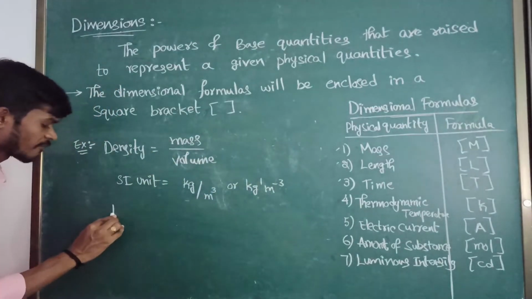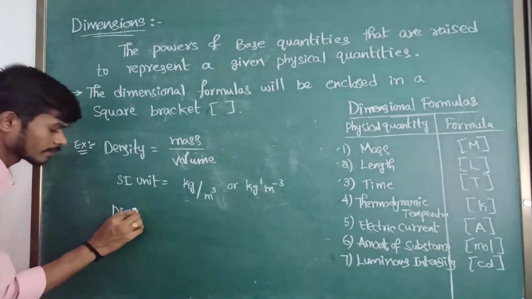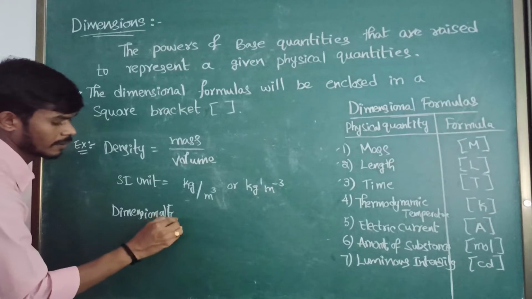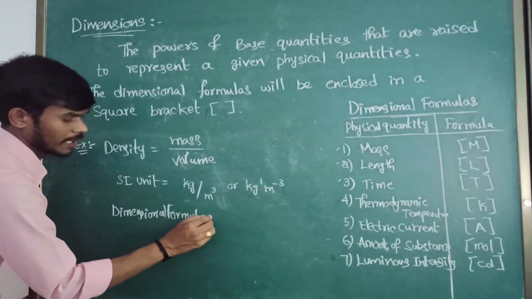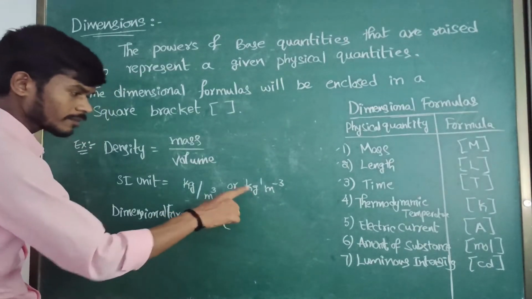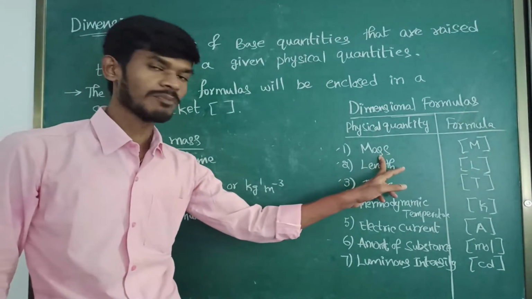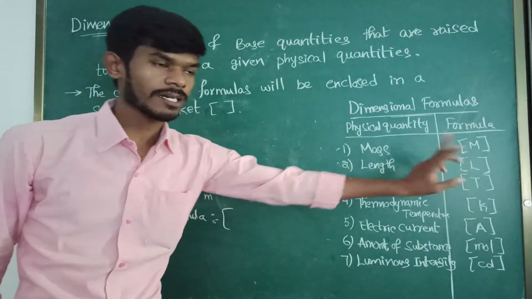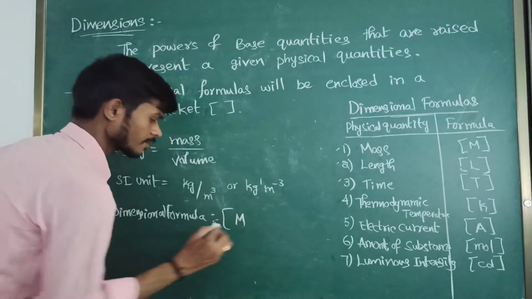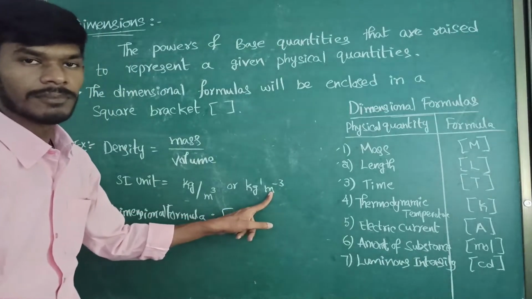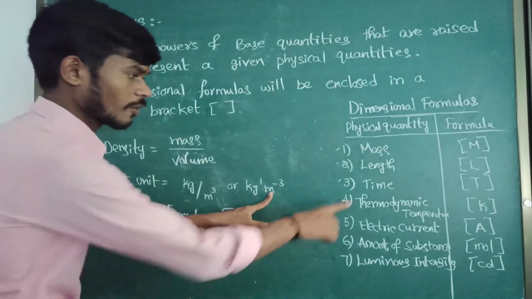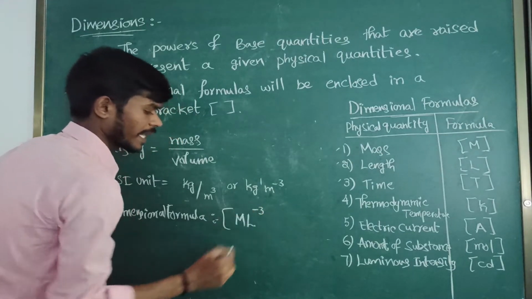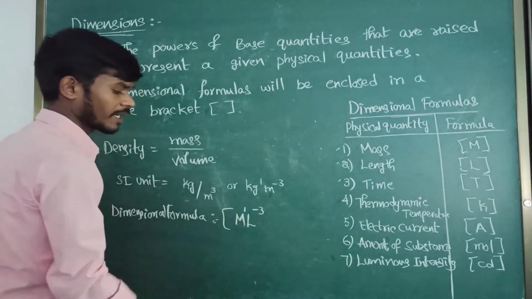Then if you write the dimensional formula, kilogram means mass unit, and the mass dimensional formula is capital M. Then m represents the length unit, so the length dimensional formula is L, with L power minus 3 and M power 1.